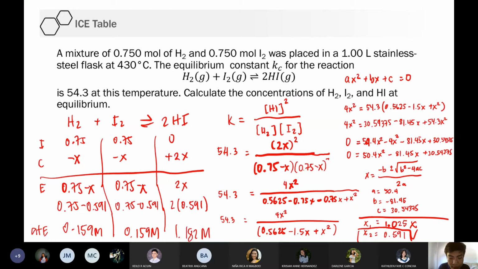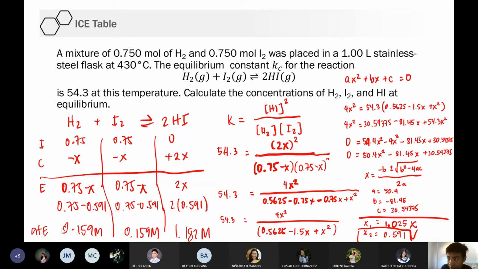So that is the equilibrium concentration of our chemical species using the ICE table calculations. Again, we started with initial concentrations only, then using the quadratic equation, we were able to solve for the concentration of each chemical species at equilibrium.